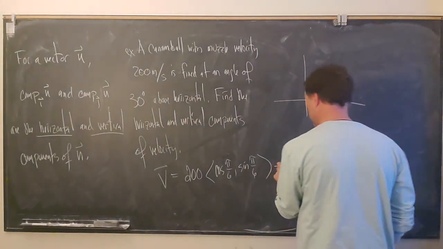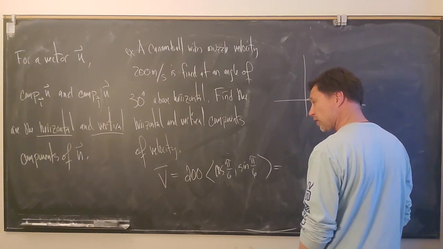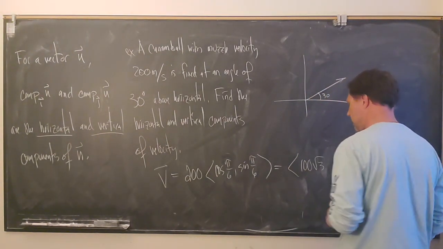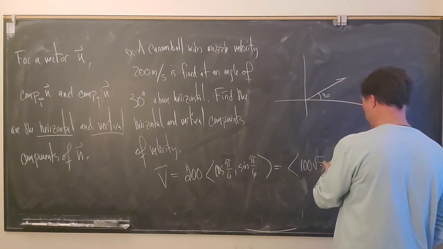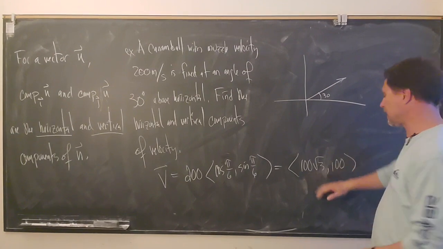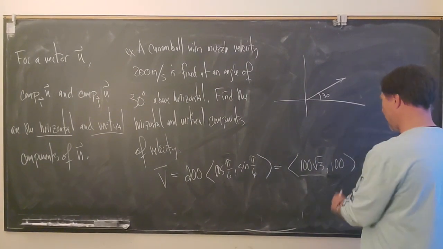And so what this is equal to, so cosine is root 3 over 2, so this will be 100 root 3, comma 100. Now, if you project this vector onto the x-axis, guess what you get right there? That's the horizontal component, and that one is the vertical.